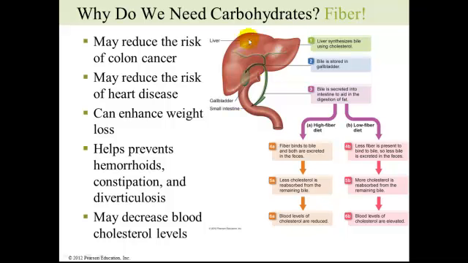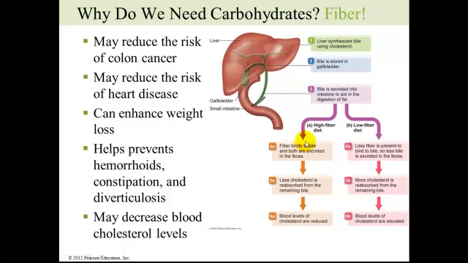So here is our liver. One of the jobs that the liver does is it produces bile. Bile is then released into the small intestine. Bile is important in breaking down fat. So you might wonder how fiber and fat are related. If an individual is consuming a high fiber diet, as the food passes through the small intestine with a good amount of fiber, that fiber is going to bind to the bile, and it's going to pull that bile out, right, and pass it through the colon in a bound form.